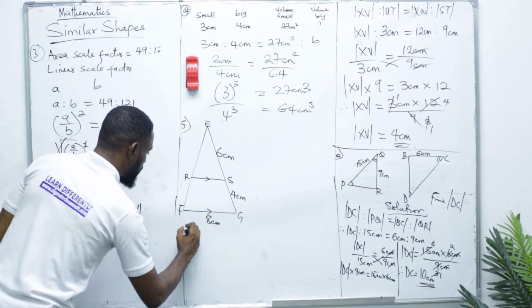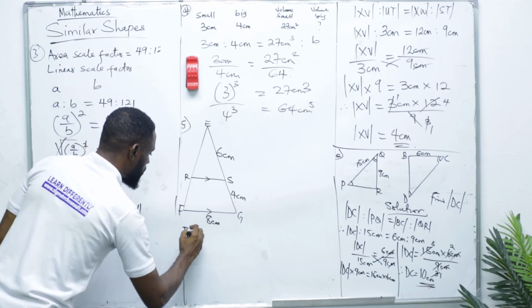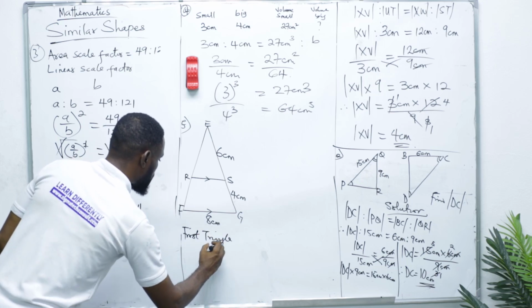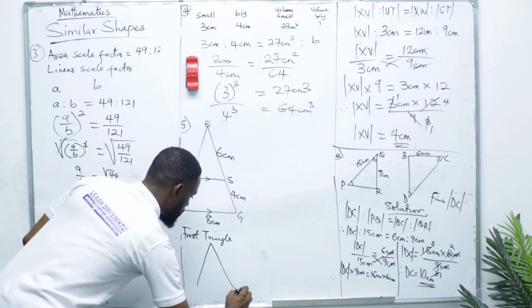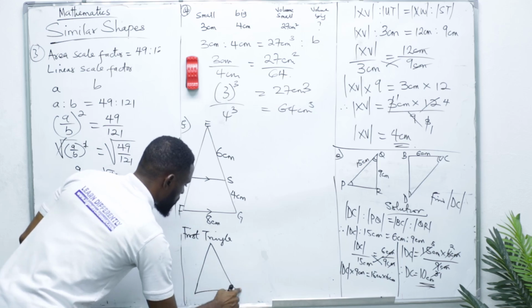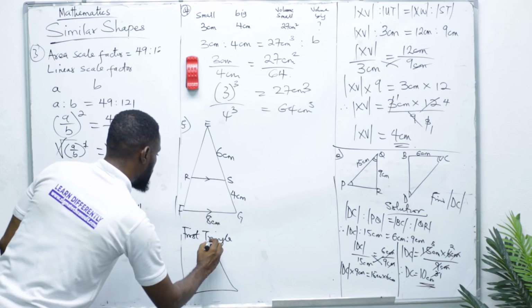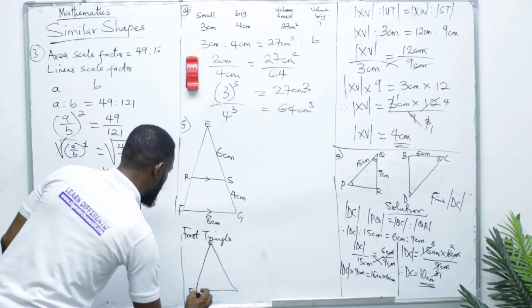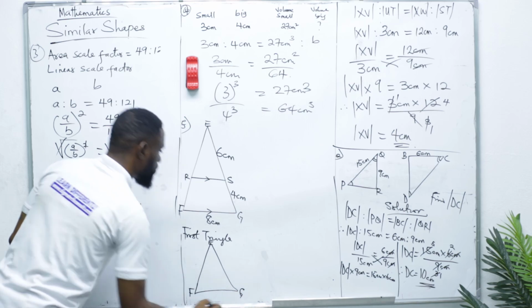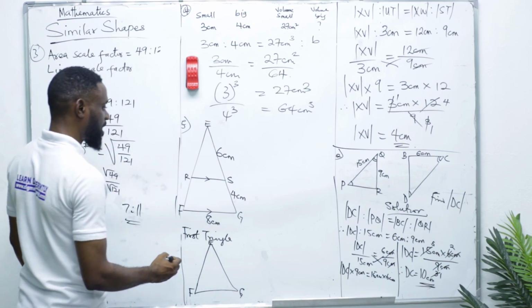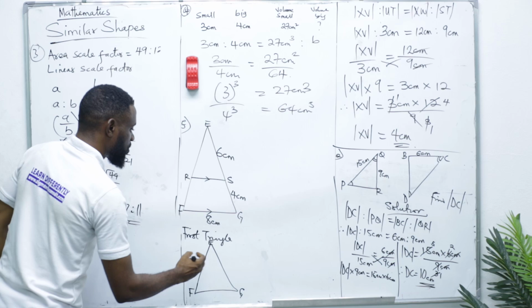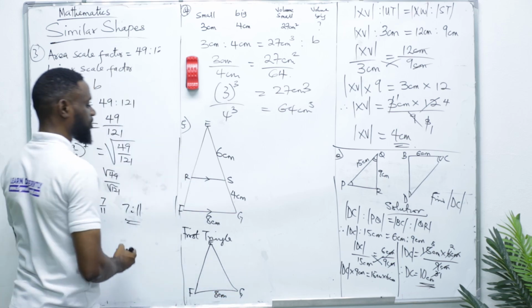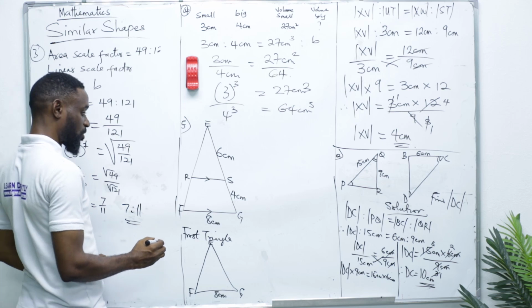So the first triangle is EFG. Right? Then in that EFG, we have here as 8 cm in this triangle. Okay?